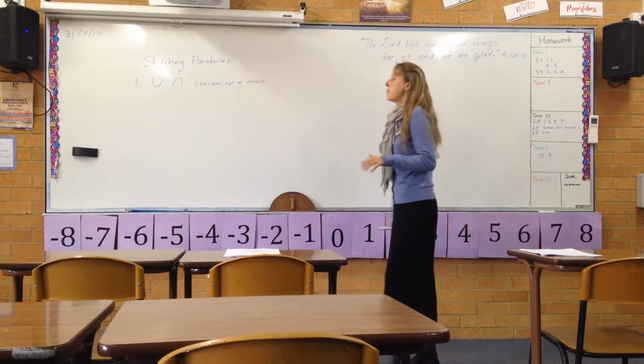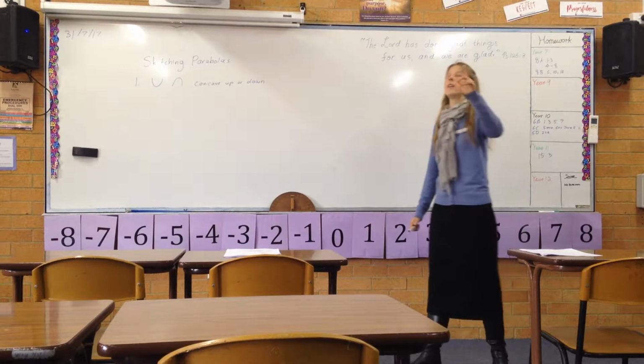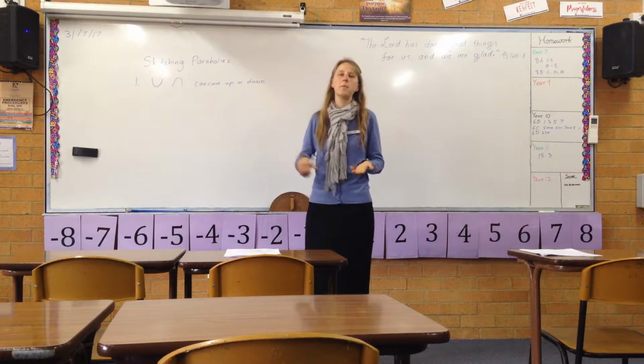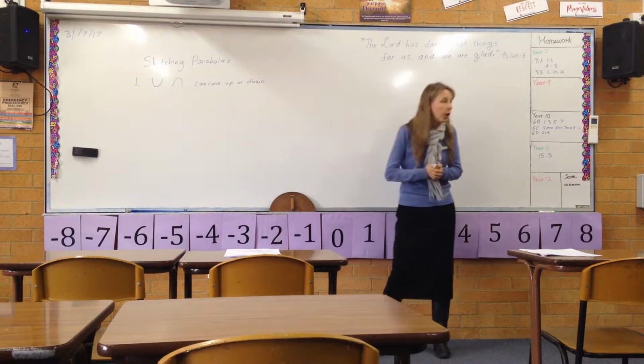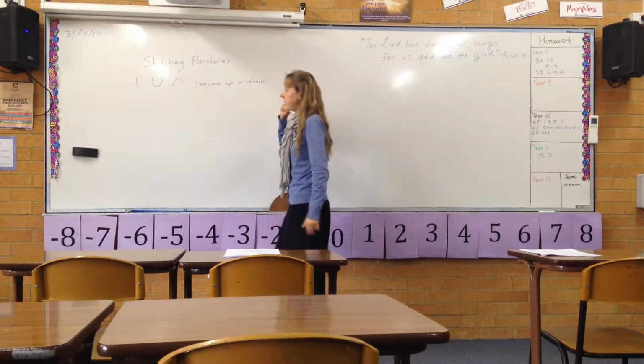Can anybody remember when it is concave up? Positive. Good. When the coefficient of x squared is positive, it's concave up. And then, of course, the opposite works. When the coefficient of x squared is negative, it's concave down.